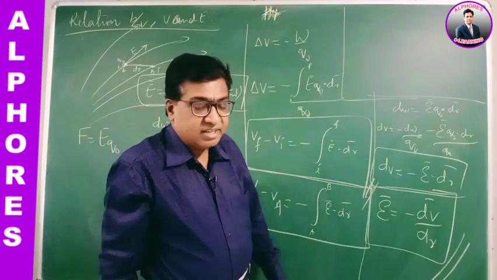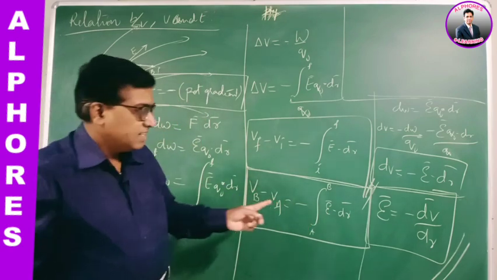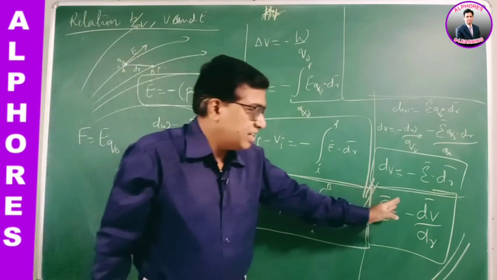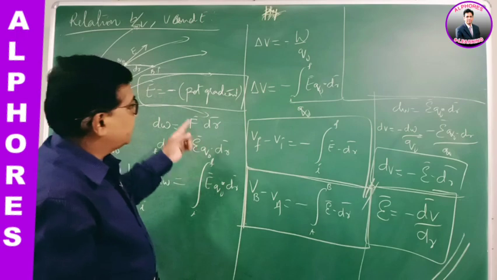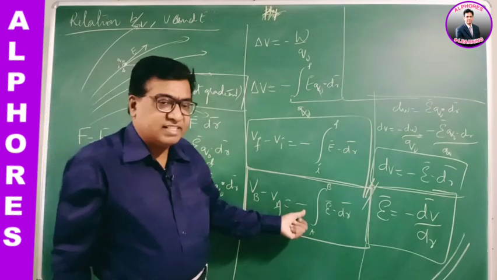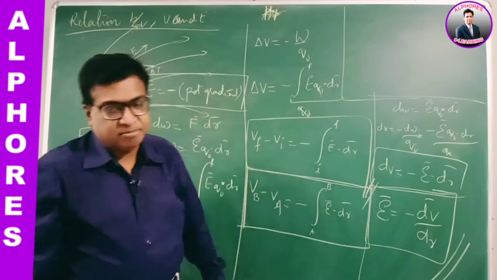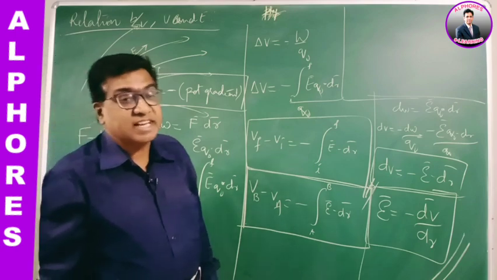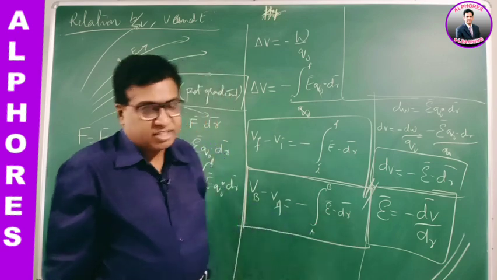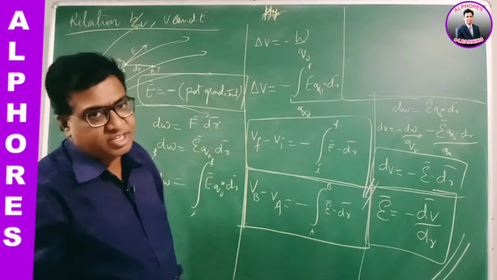Similarly, if the electric field equation is given and you are asked to find the potential difference, then it is the integration of E dot dr. Electric field intensity is the negative of the potential gradient, and potential difference is the negative line integral of E dot dr. Because the electric field is a conservative field, it is independent of the path followed.